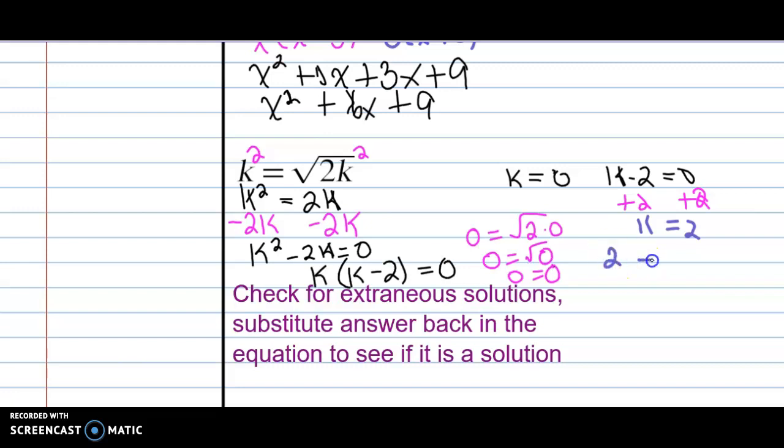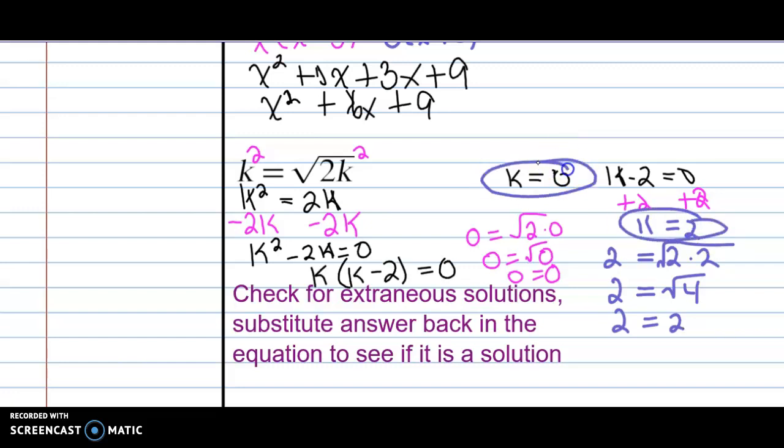So I plug in 2 for k. I have 2 times 2, but don't forget the radical is there. And then 2 times 2 is 4, so I have radical 4, and radical 4 is 2. So in this case, both of these are solutions. k equals 0 and k equals 2 are both solutions of this equation, okay?